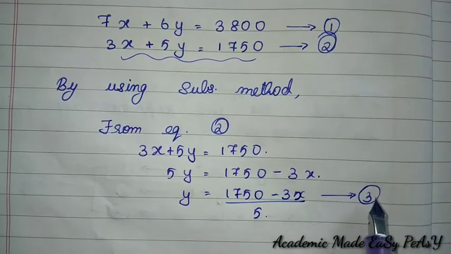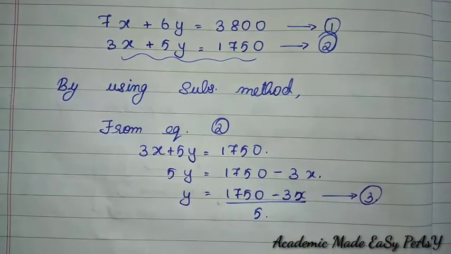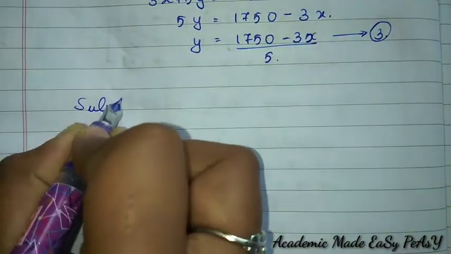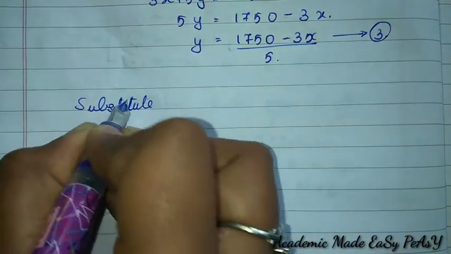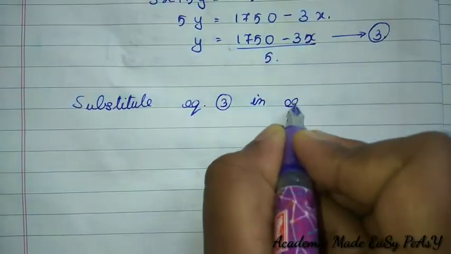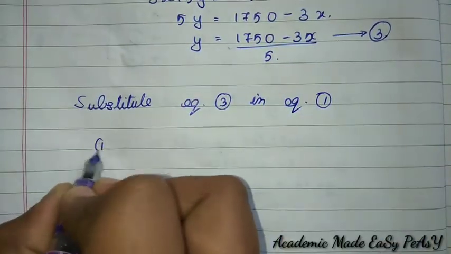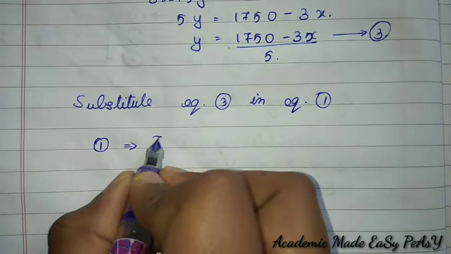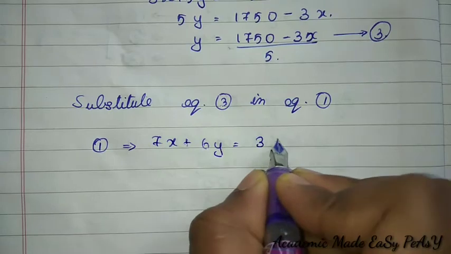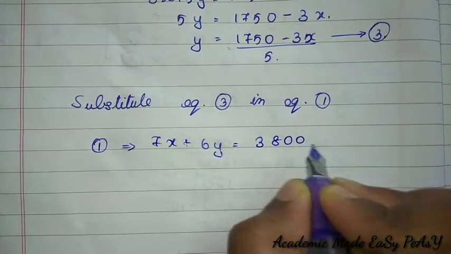I will be substituting equation 3 in equation 1. So equation 1 implies 7x plus 6y is equal to 3800.